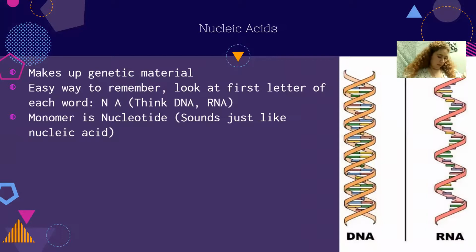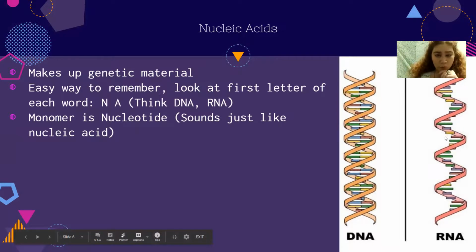Nucleic acids. Okay, this is the one you think you haven't heard of, but you absolutely have. DNA stands for deoxyribonucleic acid. Nucleic acids are genetic material. We have both DNA and RNA. In humans, the genetic material is kept in DNA, but RNA helps to express the traits that are kept in DNA. So both are vital.